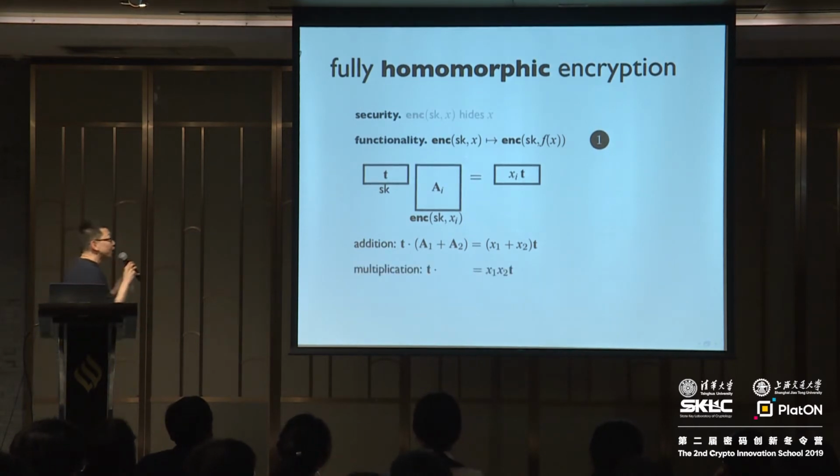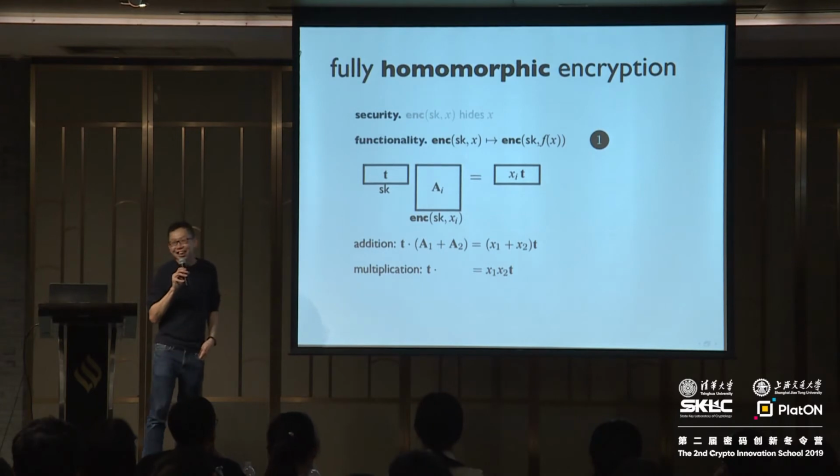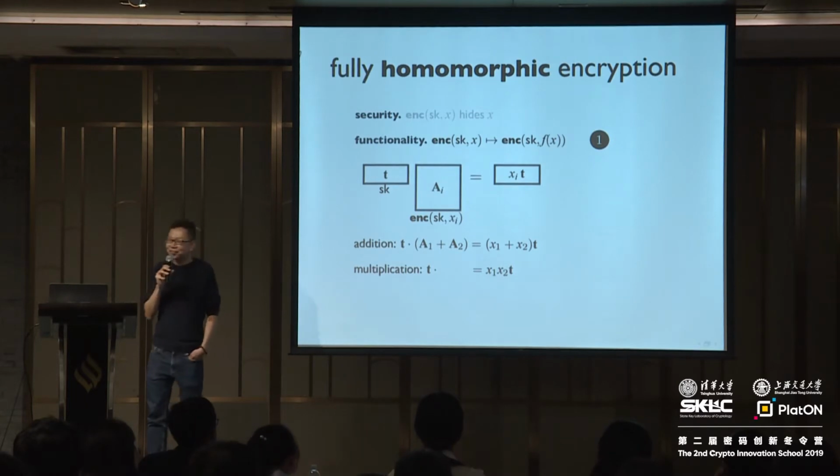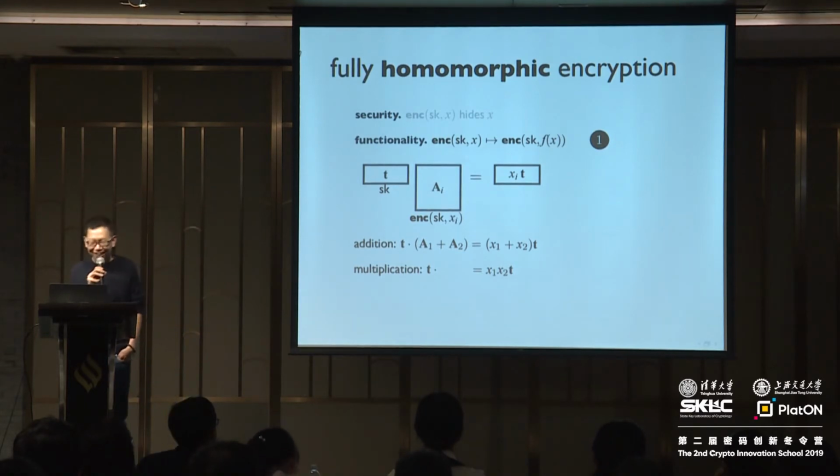You want to come up with a matrix, ideally in the same dimension as before, with the property that t times this new matrix is equal to X1 times X2 times t. Any suggestions for how you can combine A1 and A2 to get a new matrix with this property?